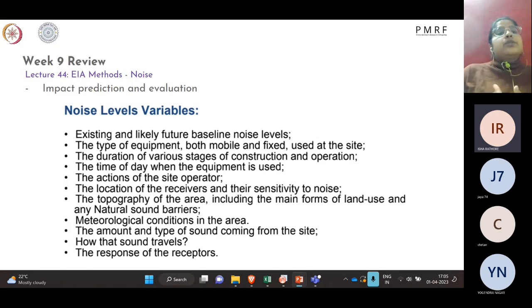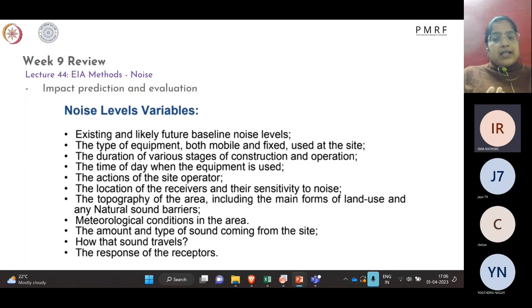So you need to look up at the type of equipment, whether it is mobile or it is fixed, when you use it for measuring these noise levels, the duration of various stages of construction and operation. You need to identify the time of the day when the equipment was used, the actions which were taken by the site, the locations of the receivers, the sensitivity to noise.